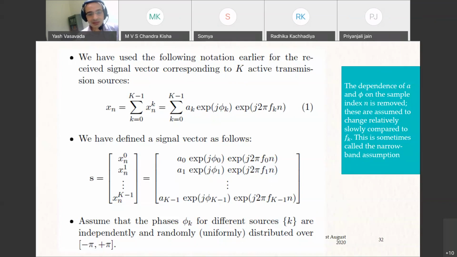And so therefore now, if I do have the dependence on n, then this entire term doesn't look like a sinusoidal waveform, meaning that it acquires a greater span in the frequency domain. It becomes a wideband signal.